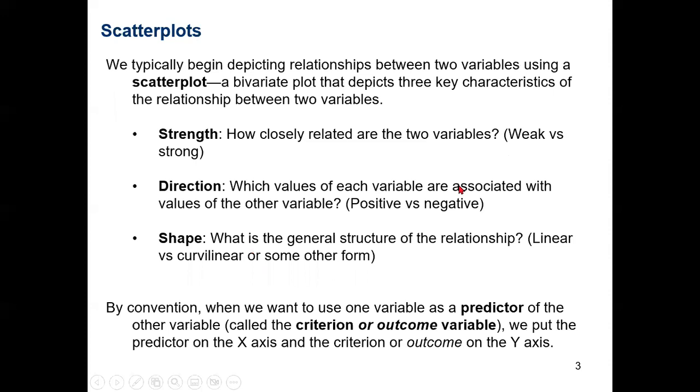Here, strength: we can say how closely related the two variables are. Is the relationship between, for instance, education and wage weak, or is it strong? That's the strength. Direction: which values of each variable are associated with the values of the other variable?